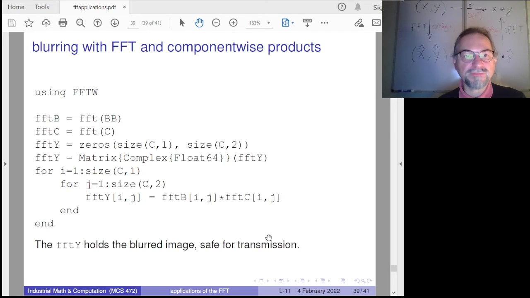We do the fast Fourier transform of the matrix, so the floating point matrix of our grayscale image. And then we do the component-wise product to compute the message that is now the blurred image that is safe for transmission.